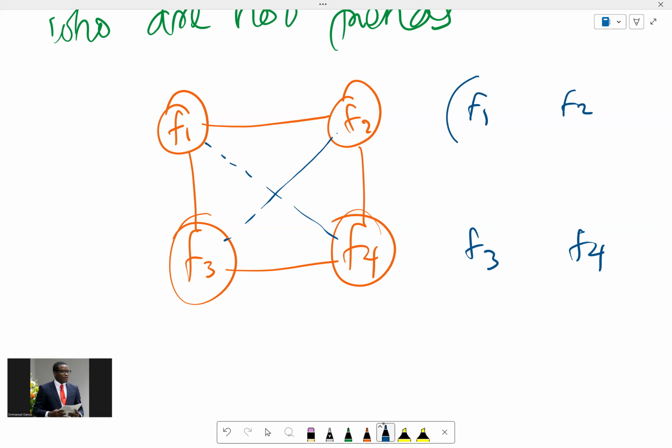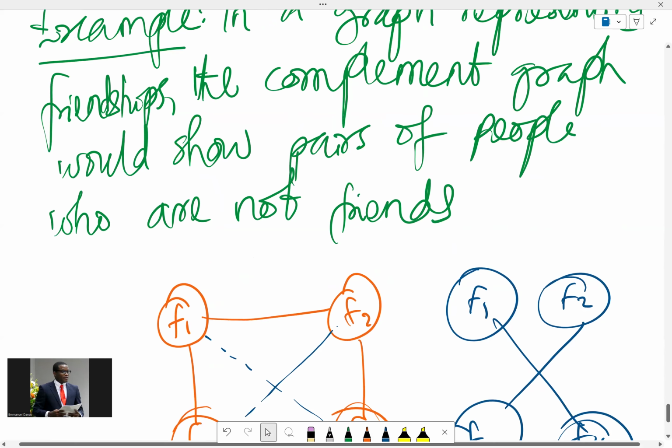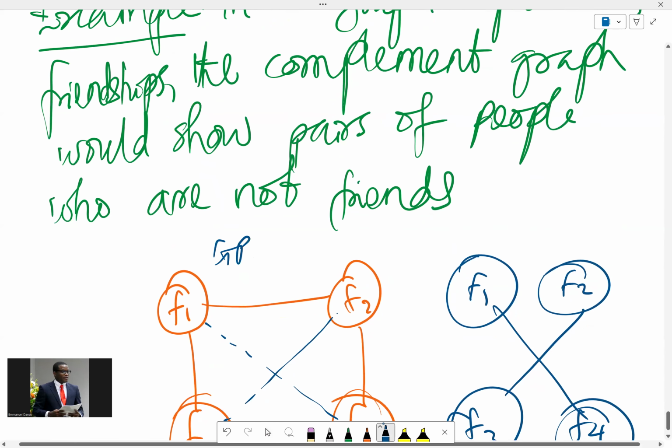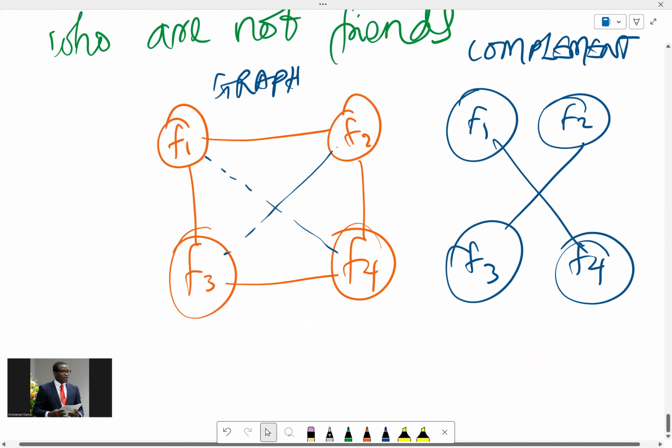You can see the vertices are intact, but now we have only these edges. So this is the graph, whereas this is the complement of the graph. Same vertices, but different edges, basically.